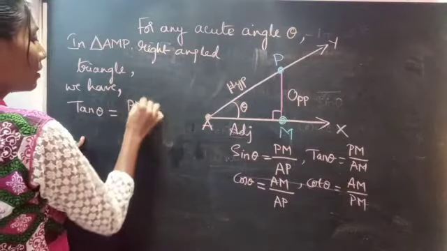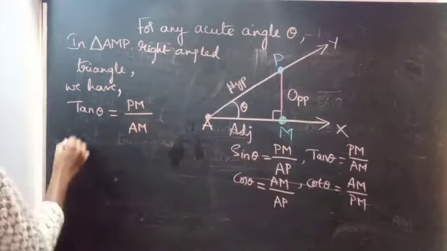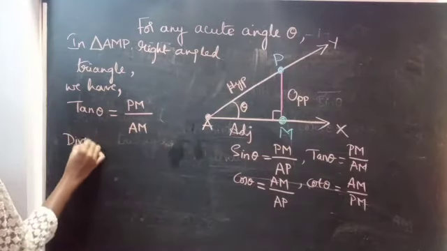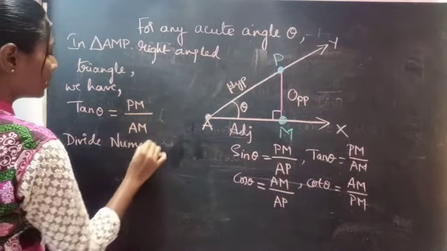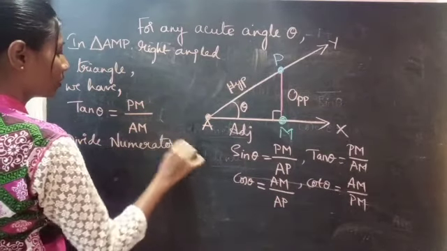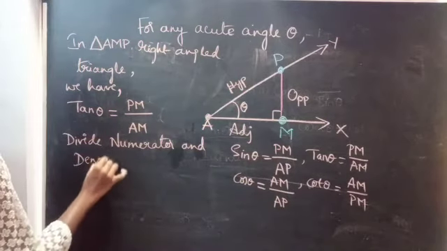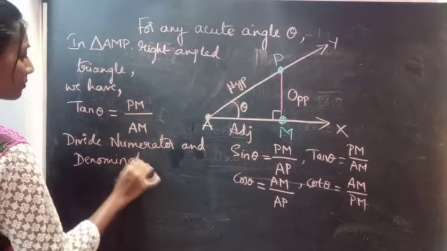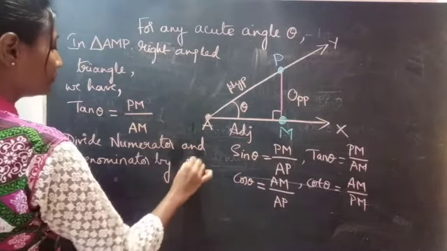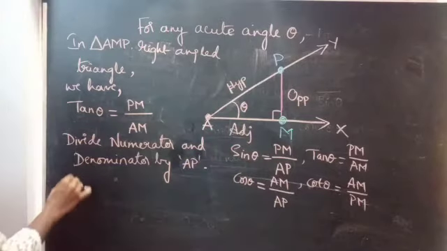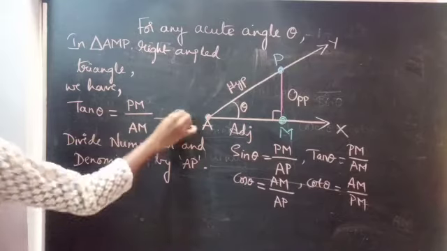PM by AM. Now, dividing numerator and denominator by AP, we get, consider as 1.